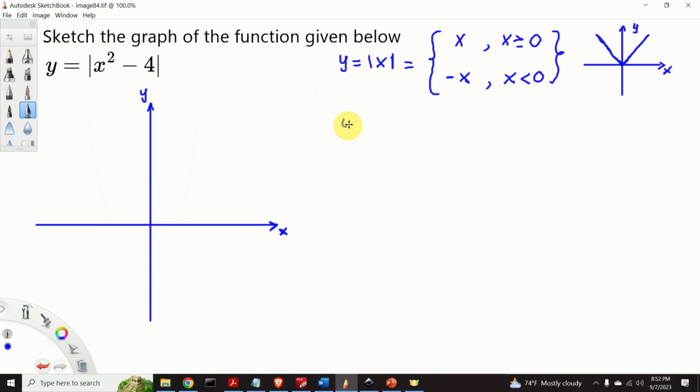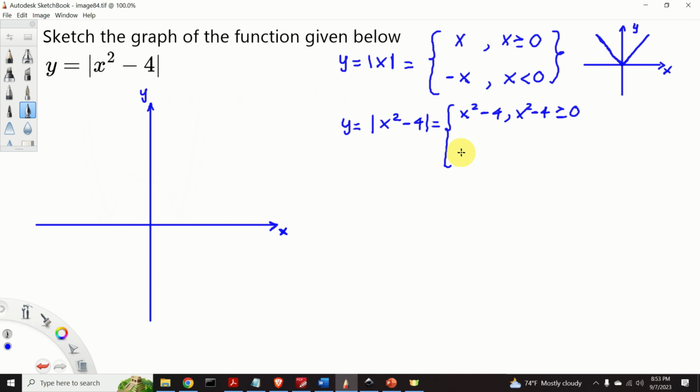We have y is equal to absolute value of x squared minus 4, and this is equal to x squared minus 4 when x squared minus 4 is larger than or equal to 0.